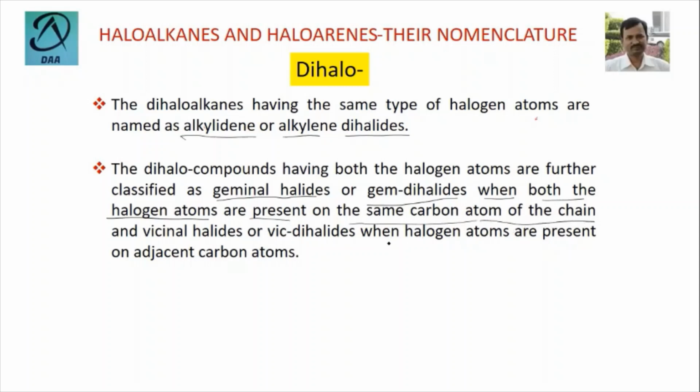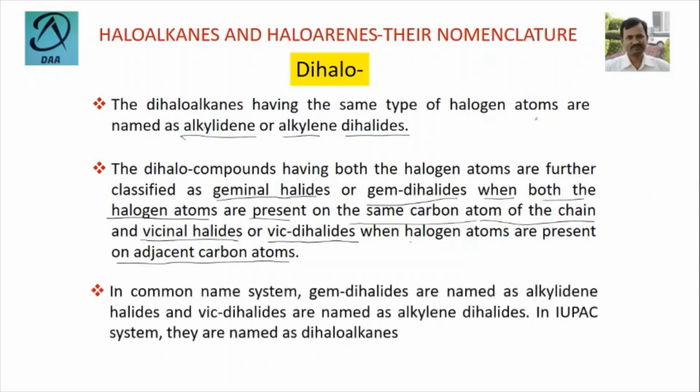And when the halogen atoms are present on adjacent carbon atoms, then it is called vicinal halides or vic-dihalides. In the common naming system, gem halides are named as alkylidene halides and vic halides are named as alkylene dihalides.